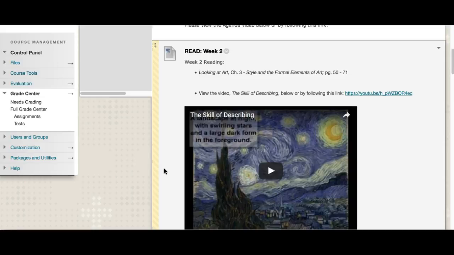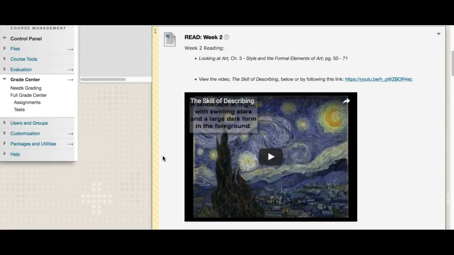So reading chapter 3, Style and the Formal Elements of Art, and that's what we're going to be focusing on this week. We're going to be talking about our skills of describing. We're going to talk about abstract versus representational and non-representational art. And that's all to help set you up for your theory application paper that's going to be due by week 4 of this class.